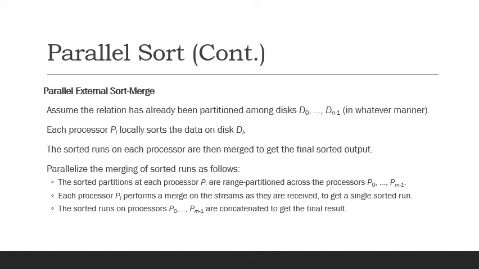First, only P0 receives tuples, then only P1 receives tuples, and so on. To avoid this problem, each processor repeatedly sends a block of data to each partition. In other words, each processor sends the first block of every partition, then sends the second block of every partition, and so on. As a result, all processors receive data in parallel.